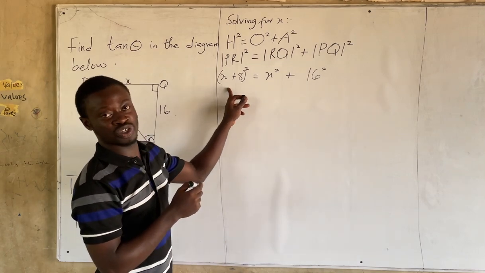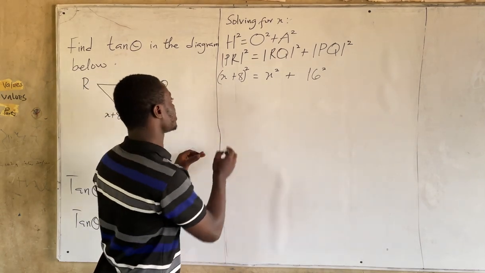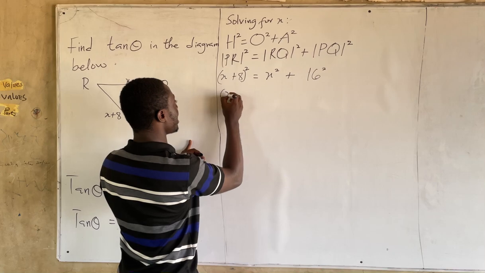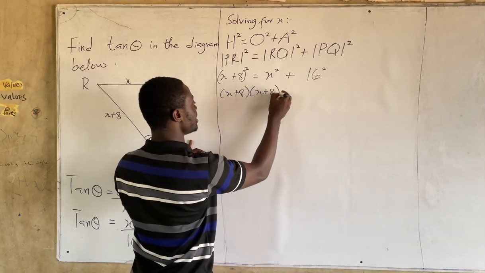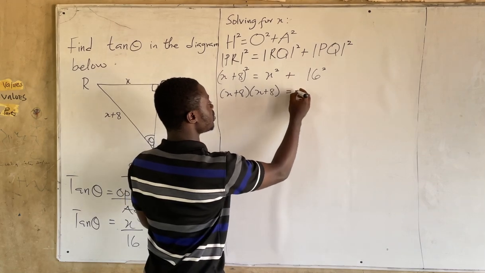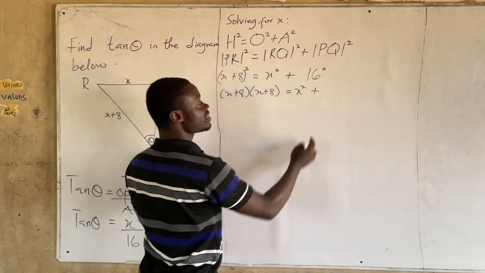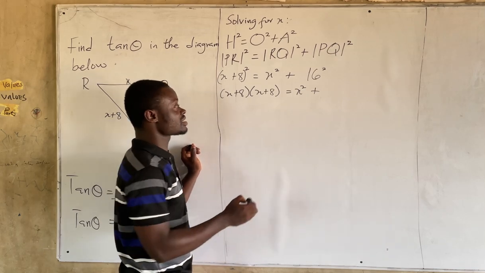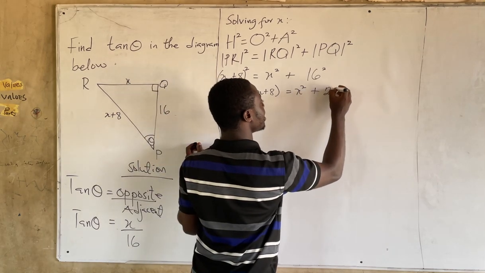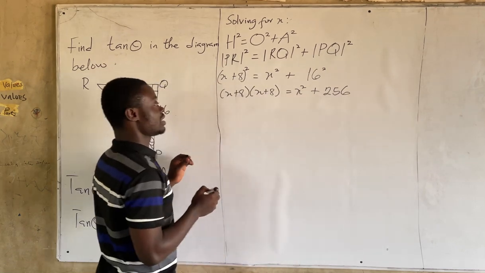This is a perfect square, so let's open it. We get x plus 8, another x plus 8, equal to x squared plus 16 squared, and 16 times 16 is 256. So plus 256.